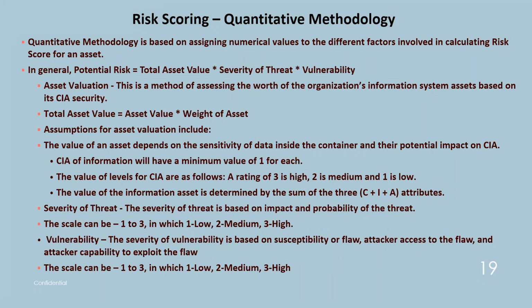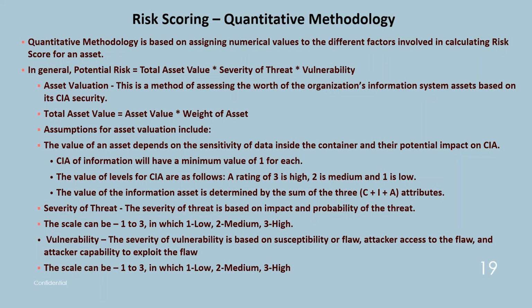So we're going to cover the quantitative methodology for risk scoring. The potential risk is the product of asset value, severity of threat, and vulnerability. The asset value is based on the individual asset value and the weightage of the asset.